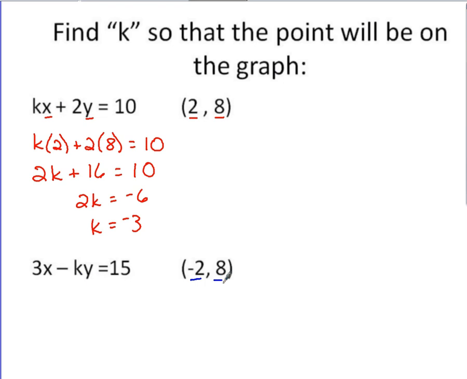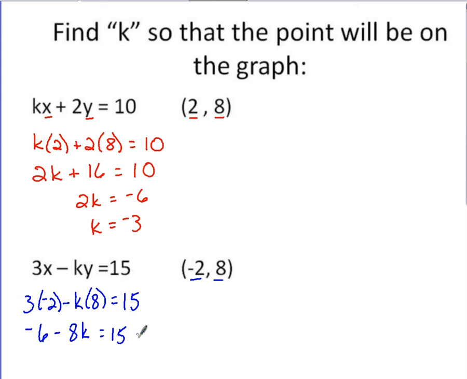Same idea on the next example. We've got a linear function where we're supposed to have an ordered pair of negative 2, 8 on it. Take negative 2, plug in for x. 3 times negative 2. And take 8, plug in for y. So we've got negative 6 minus 8k equals 15.